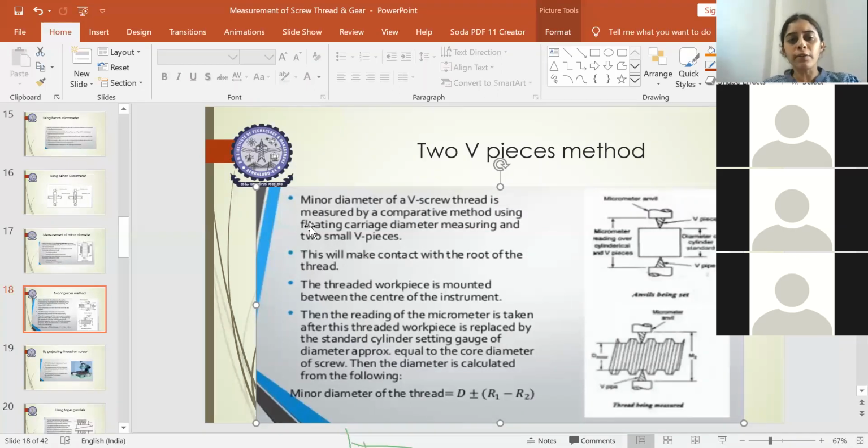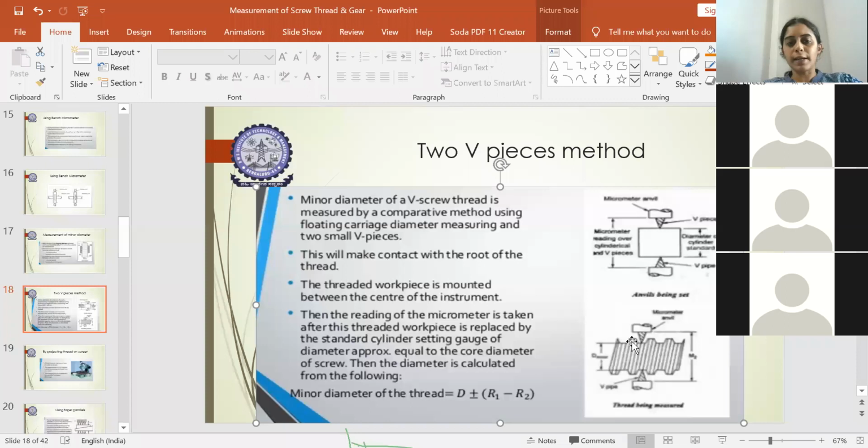So the minor diameter of the screw thread is measured by a comparative method using a floating carriage diameter measuring machine and two small V pieces. Now we are focusing on the 2V piece method. This will make contact with the root of the thread. The V shape helps in contacting the root part of the thread and not the crest part.